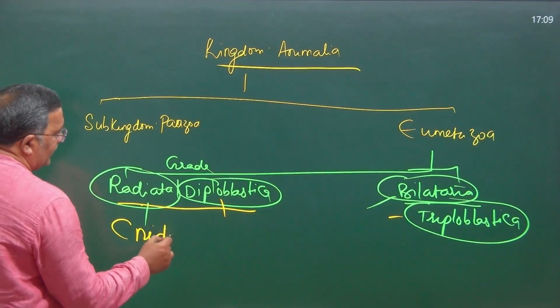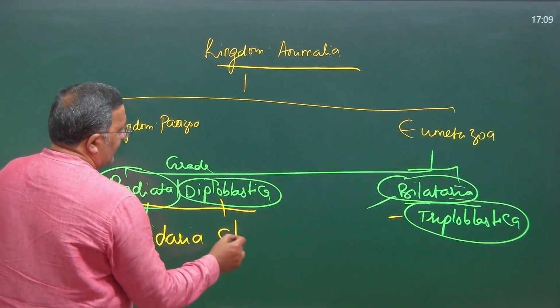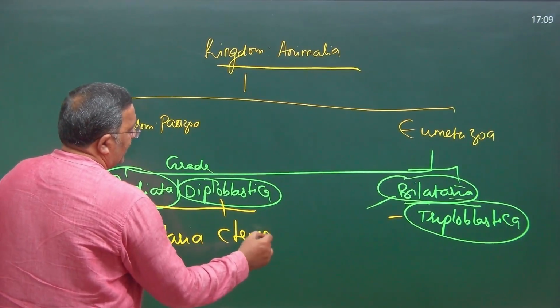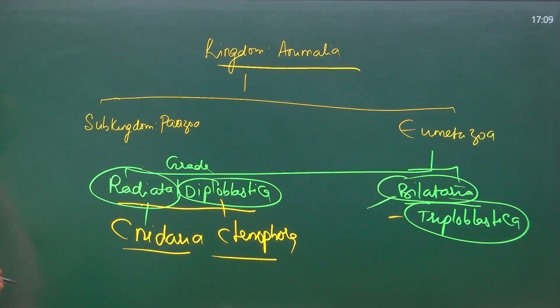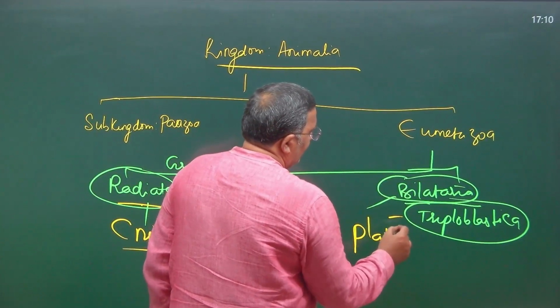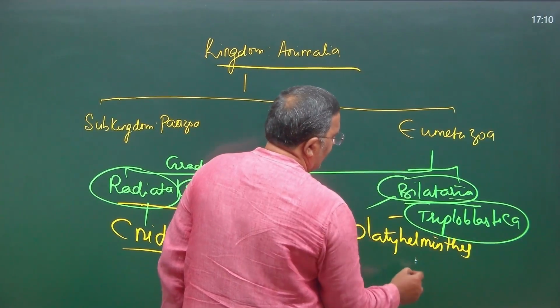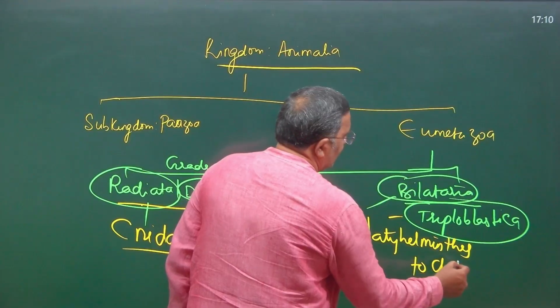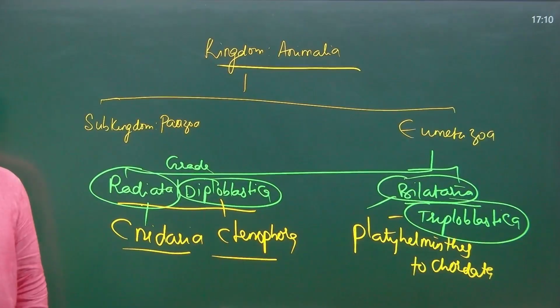Examples: Radiata, phylum Cnidaria and Ctenophora. Cnidaria is nothing but Coelenterata. The rest of the phyla, from Platyhelminthes to Chordata, have what type of symmetry?